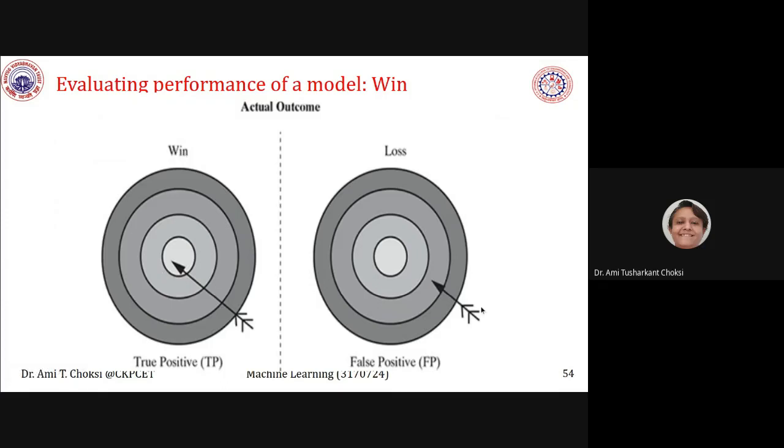Here we can say that false positive. That means the arrow is not in the center. So the person hasn't won the match, and the system has detected it as lost. What we can say is it is false positive, right? Falsely positive.